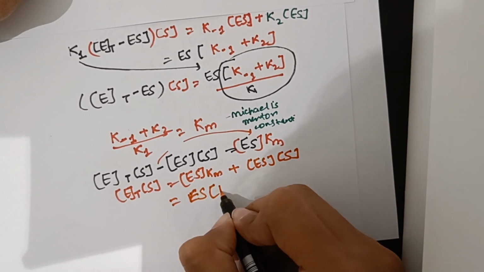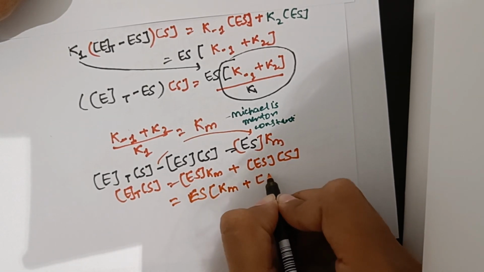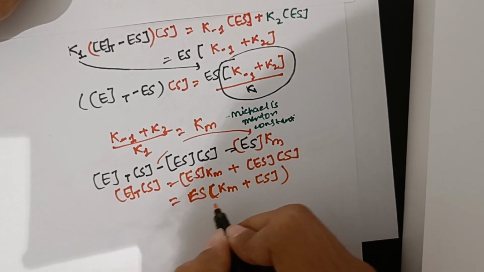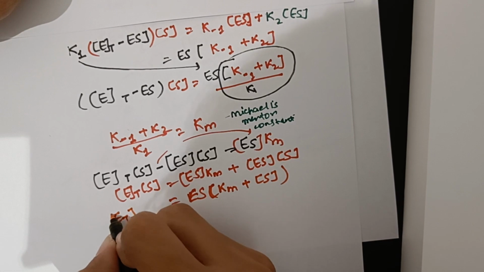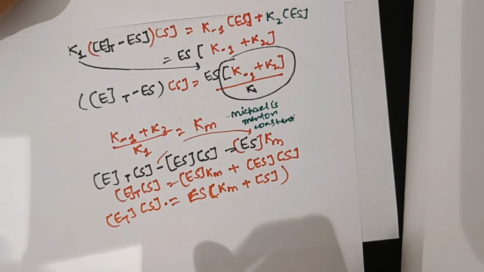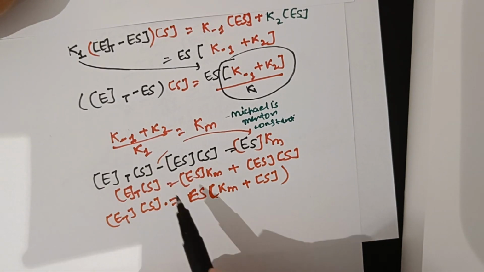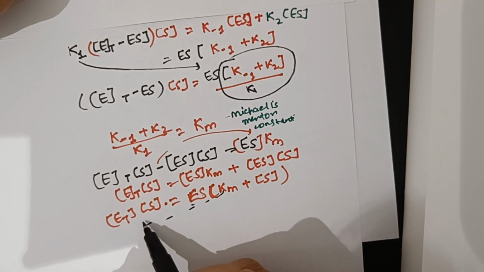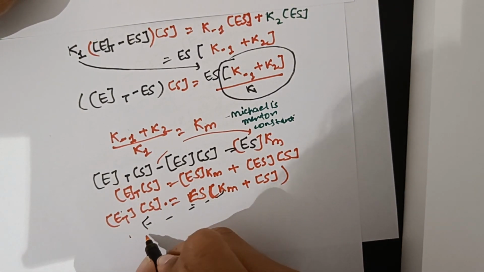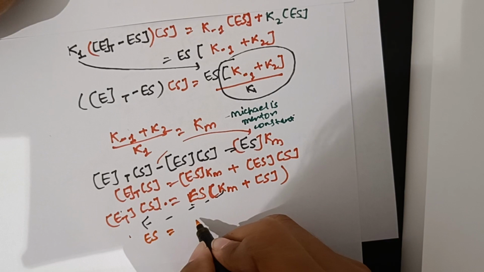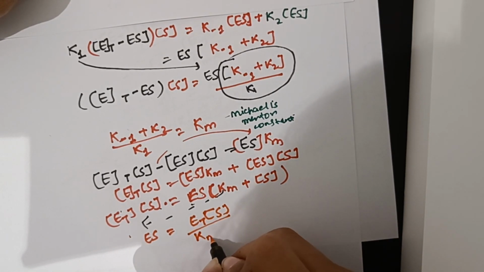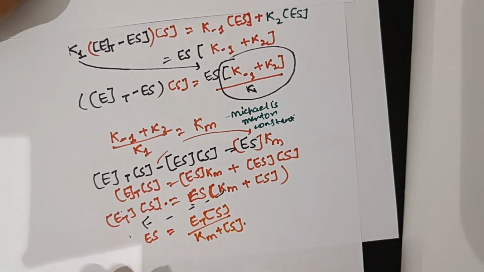We can take ES in common, and what we get is Km plus S. Okay, and here we have Et and S. So now we can simplify it further, where we put these downstairs, on the denominator. So we get ES is equal to Et S over Km plus S, right?